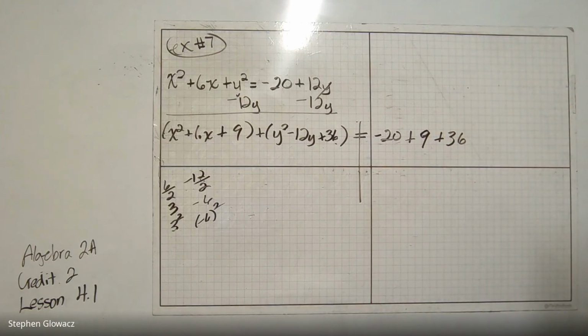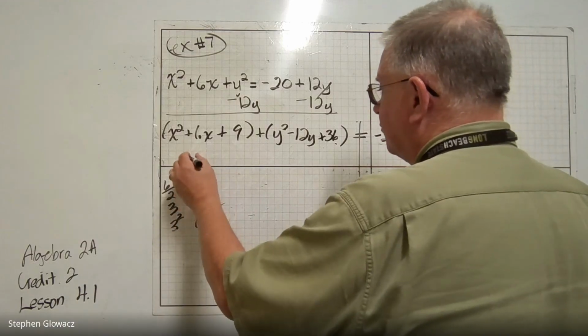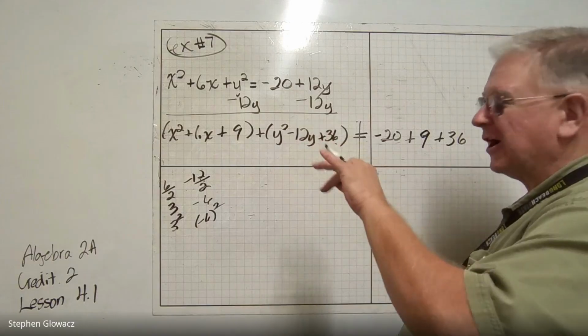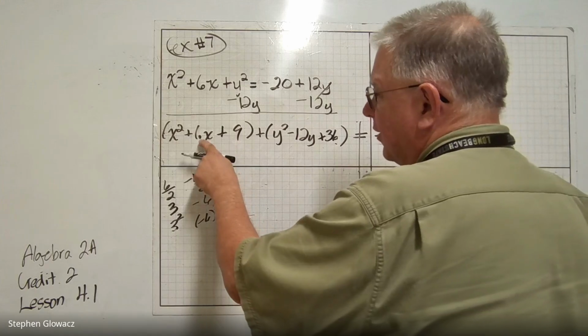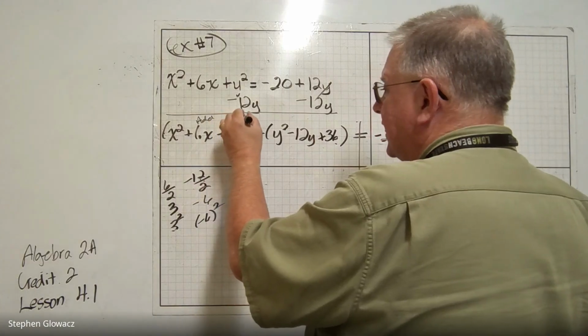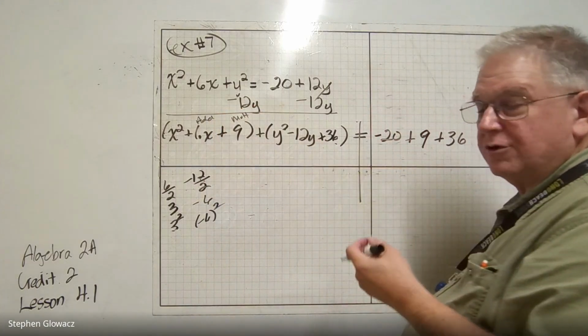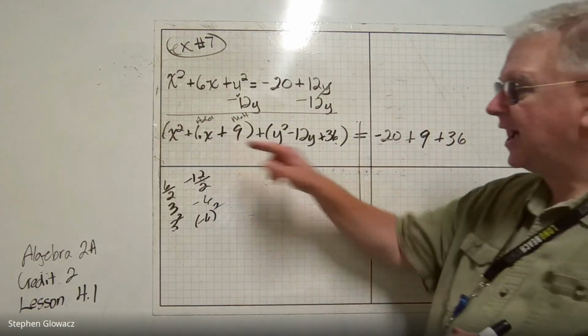And what are those factors? Well, before we talk about the shortcut, let's talk about what we would be thinking if we didn't know this was a perfect square trinomial. We would need two numbers that add to 6 and multiply to 9. And it turns out those numbers are 3 and 3. 3 plus 3 is 6, and 3 times 3 gives us 9.